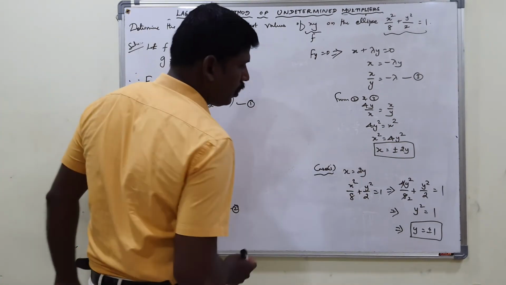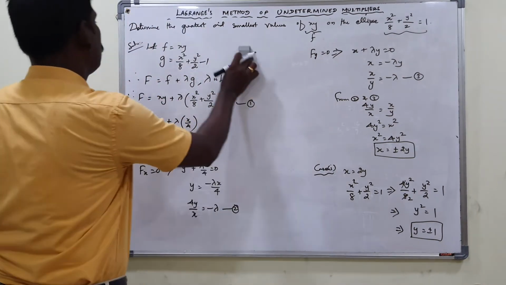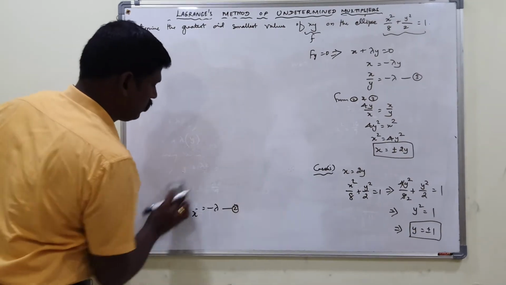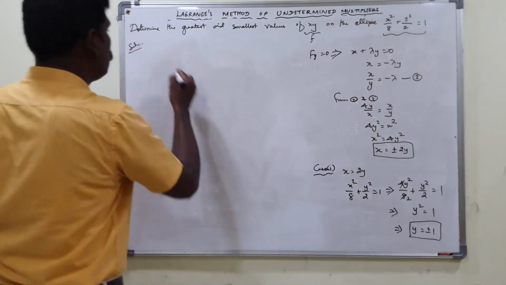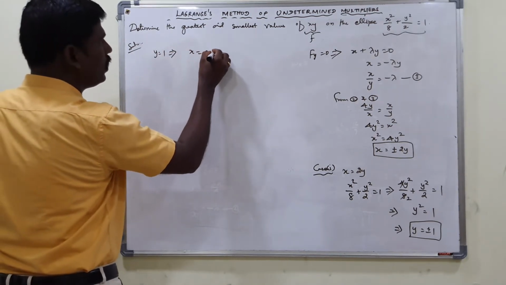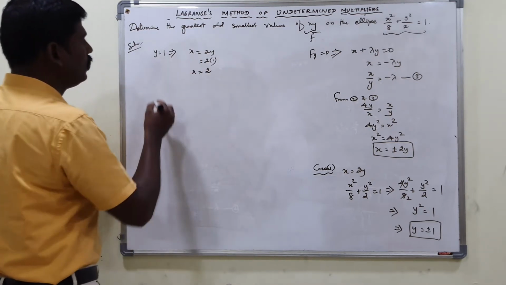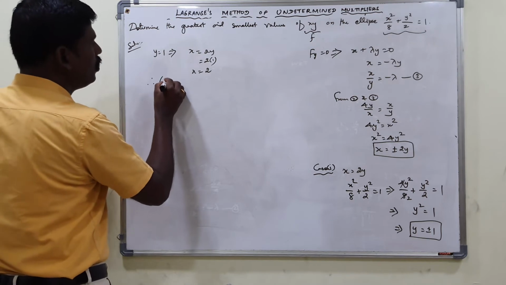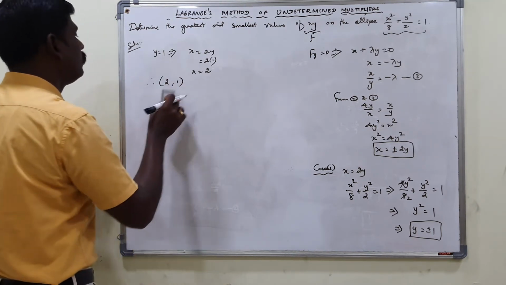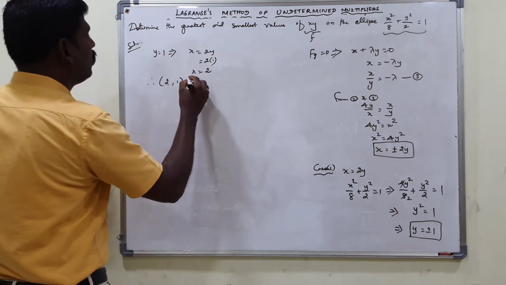X is 2y. Therefore, take y equal to 1. So y equal to 1 implies x is equal to 2y, that is 2 into 1. So x is equal to 2. Therefore, the point is (2, 1).